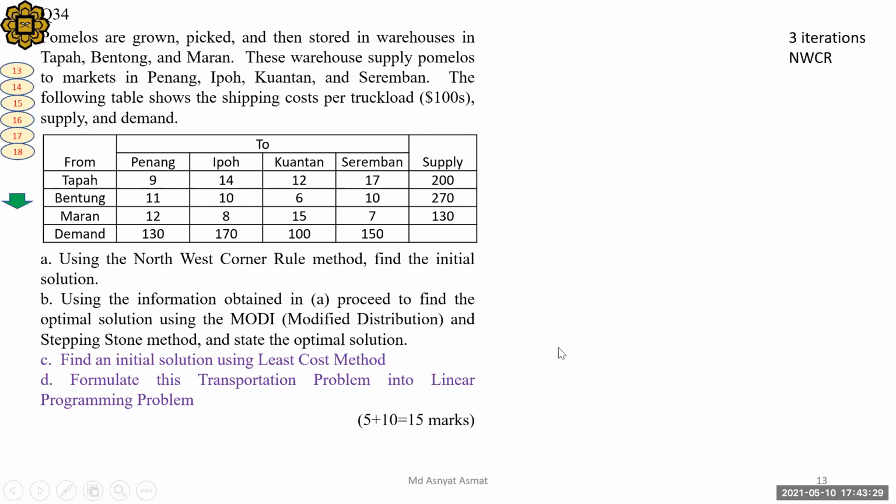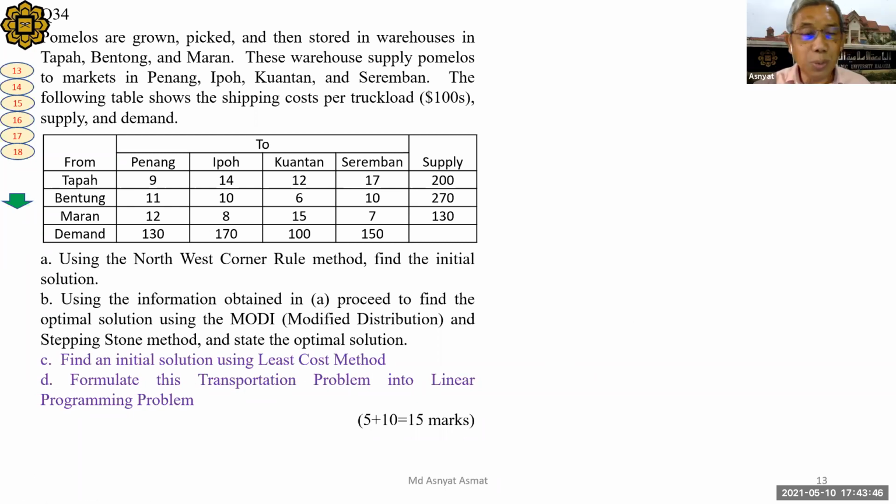Supply is more than demand. So what do we do? This is not balanced. Create a dummy. Dummy supply or dummy demand? Dummy demand. Okay, now use your Simplex tableau number 2.